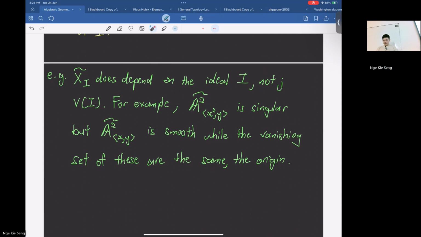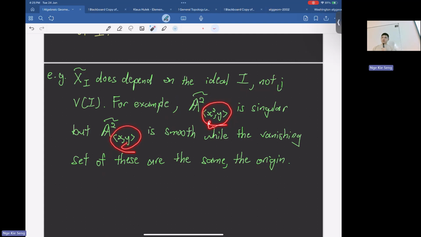There's an example saying that it does depend on the ideal, but not on the generators. If you change the ideal, for example, you see these two ideals are a little bit different, but the points they contain are actually the same.